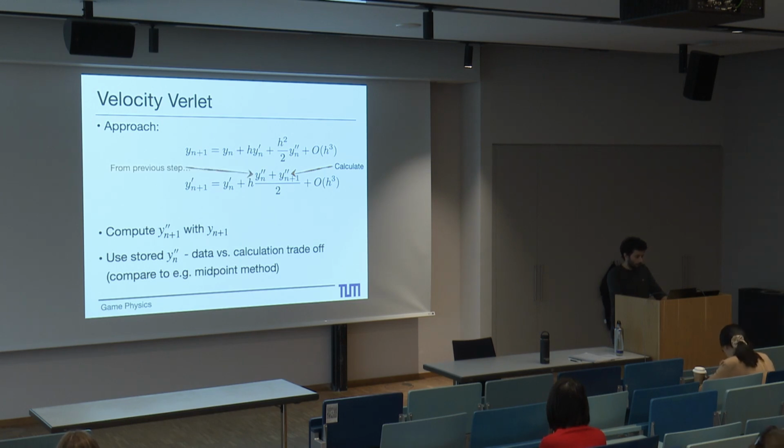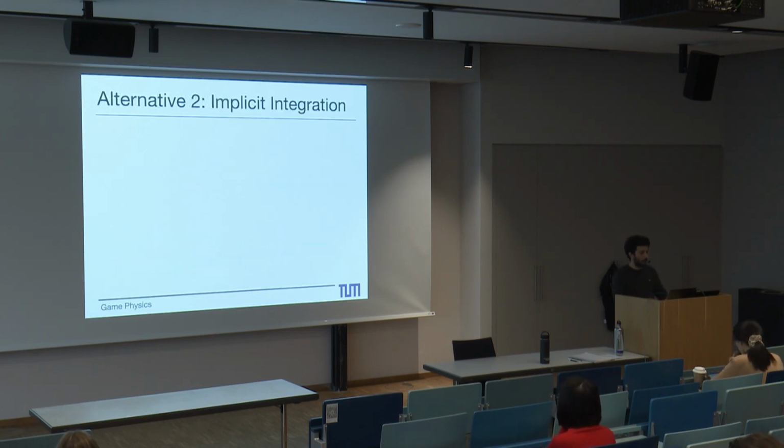The other alternative to this is to perform what is implicit integration. And as we mentioned before, our scheme, let's take Euler because it's relatively easy to write, is something that looks like this.